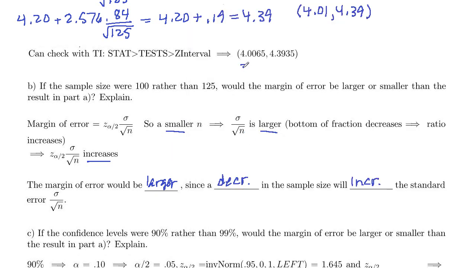And we can see that this is a bigger interval, goes down farther and up farther. So that means that your margin of error is increasing. Margin of error larger here.